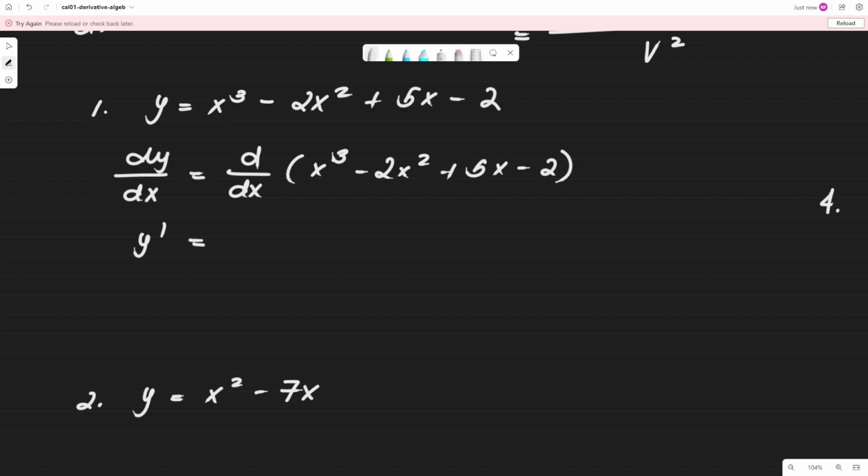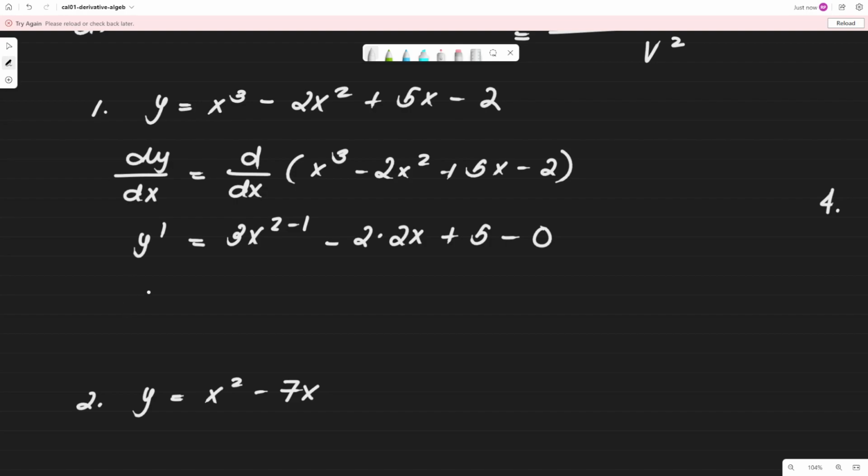This is equal to the derivative of x cubed, x raised to n yan, so we have 3x raised to 2 minus 1. Then we have minus 2 times the derivative of x squared, which is 2x. Then we have plus 5 minus 0.